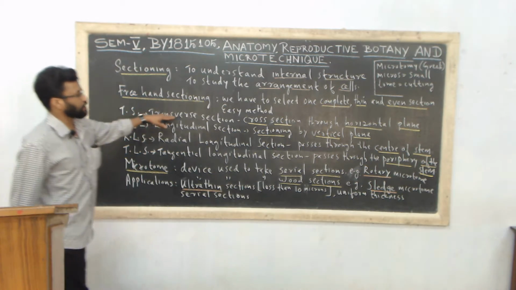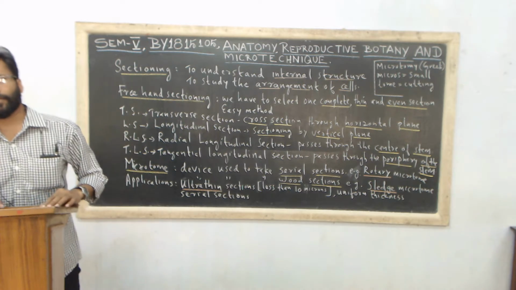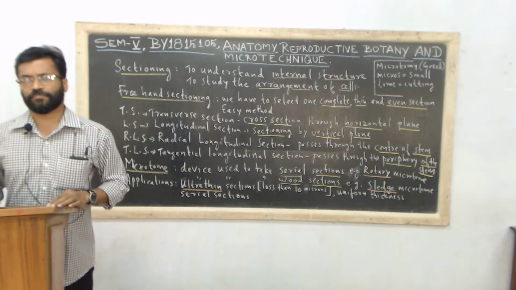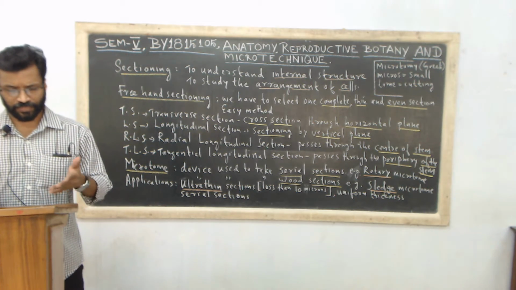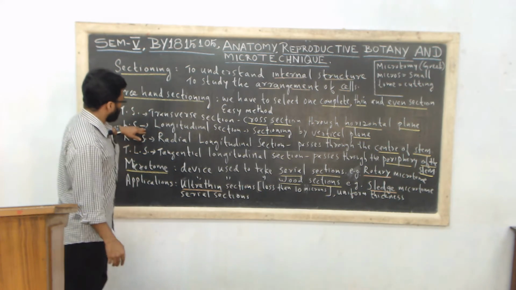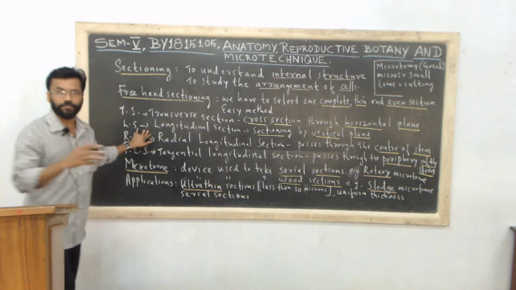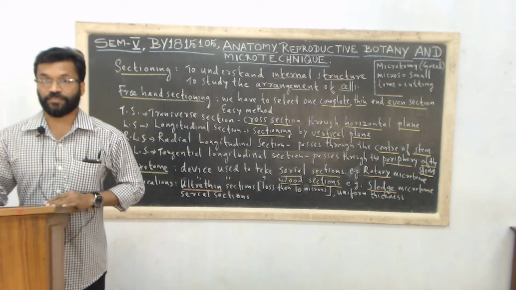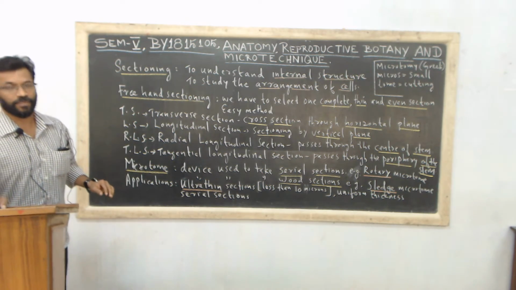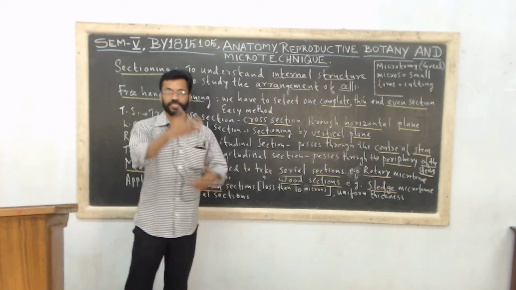So TS is the transverse section, cross section through the horizontal plane. It is a normal practice in our laboratory to take TS of stem or leaf. And when we are asked to section flower material, we use this LS, sectioning by vertical plane.